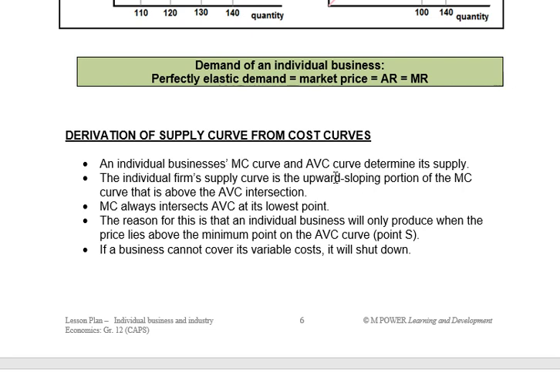These two curves will help us to find the supply curve. The rule is, and this is something that you must remember, the individual firm's supply curve is the upward sloping portion of the marginal cost curve that is above the average variable cost intersection. I'm going to show you on the graph now.